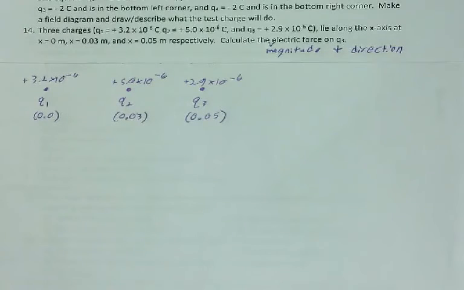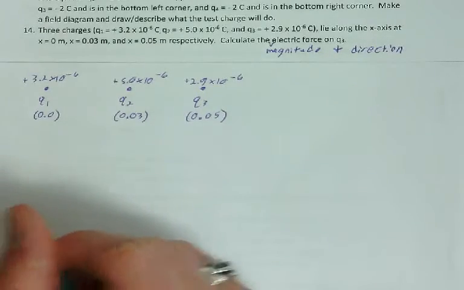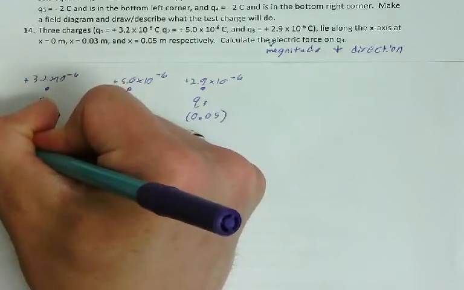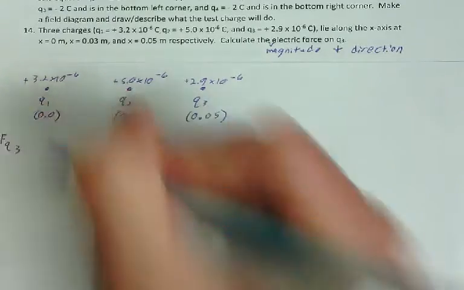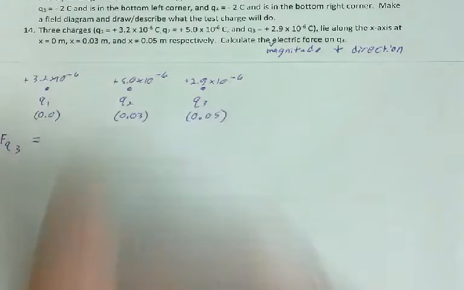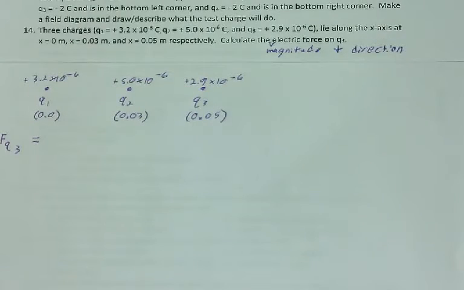Now, first things first. Well, we already did first things first. Second things second. We need to find the force acting on Q3. The way we do this is called superposition, which is what the last video was about. It means adding things on top of each other.